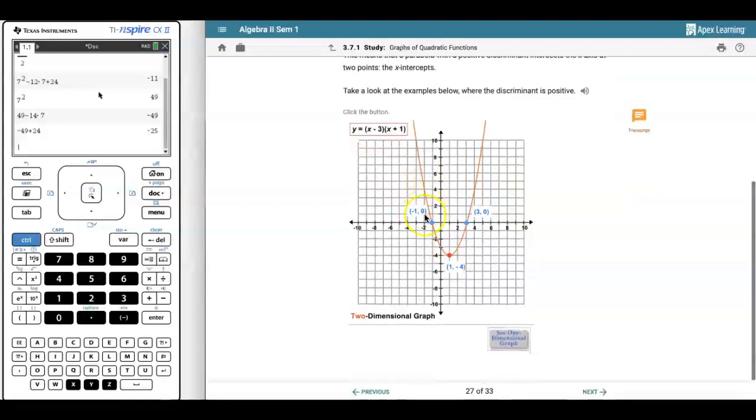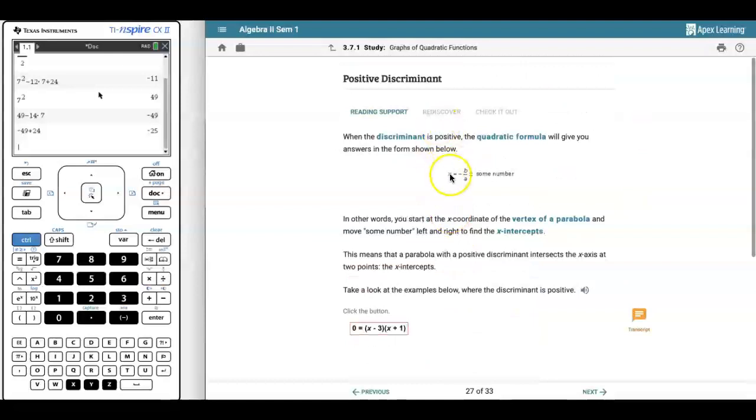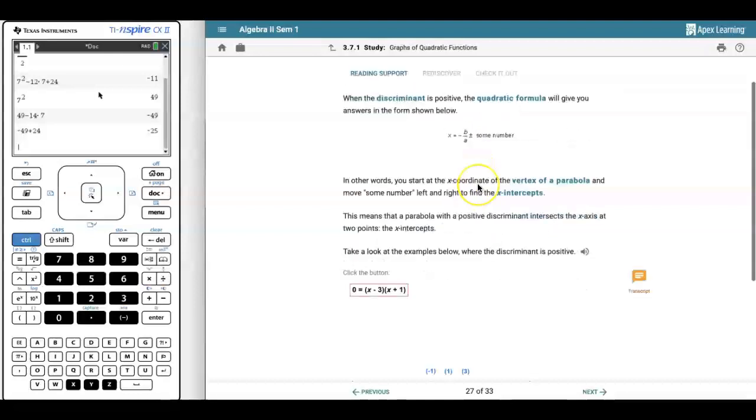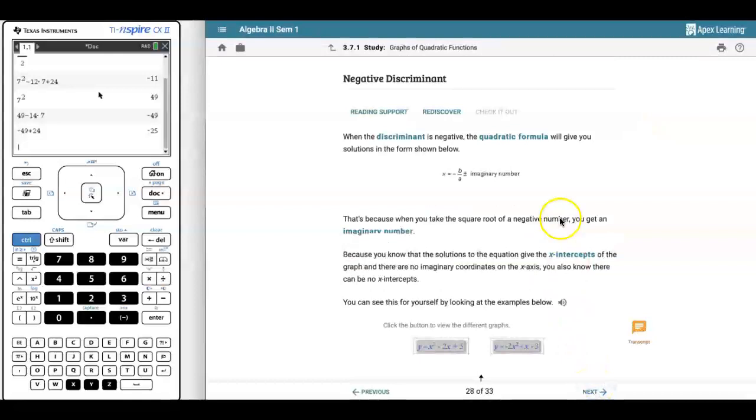Again, we could start here. Our x value equals 1, so it could be that -b over 2a gives us 1 plus some number. Well, it ends up being that plus some number is 2, or minus that number is 2. So we end up being able to calculate our x-intercepts that way.